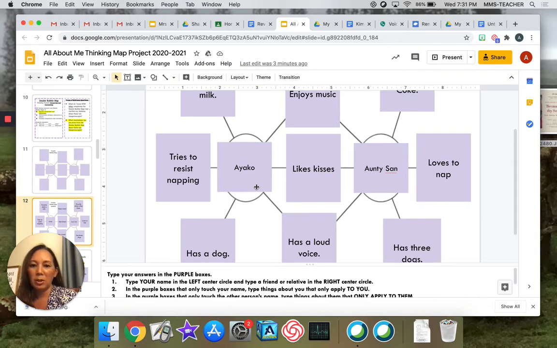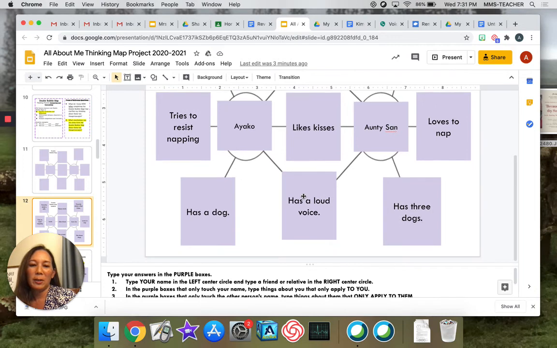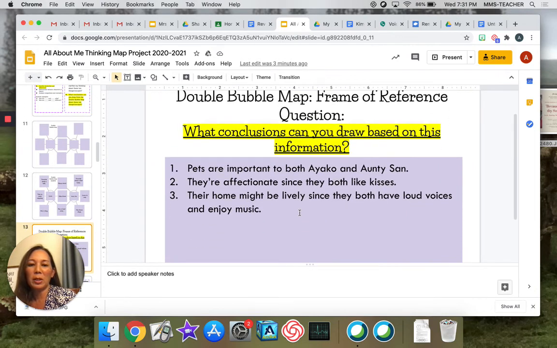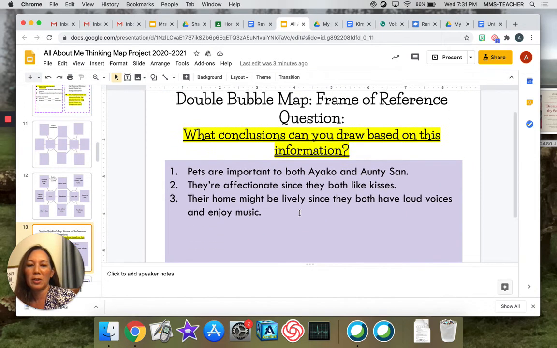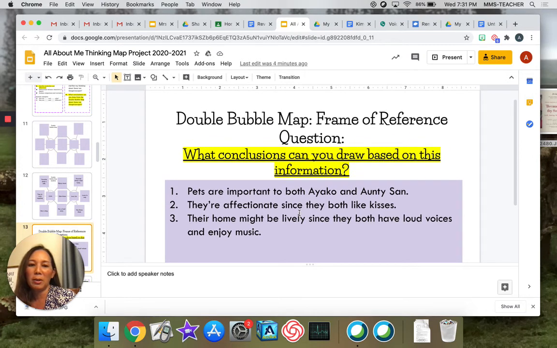It's true, but that's probably not a good conclusion to come up with. Let's try to use our higher level thinking skills, and let's come up with 3 conclusions that we can based on the information that we got.